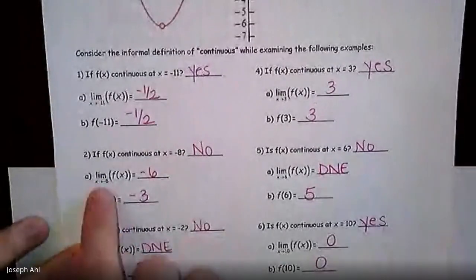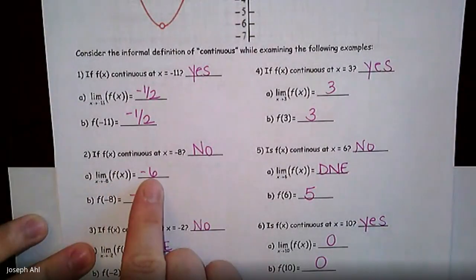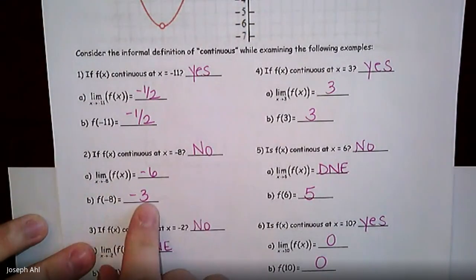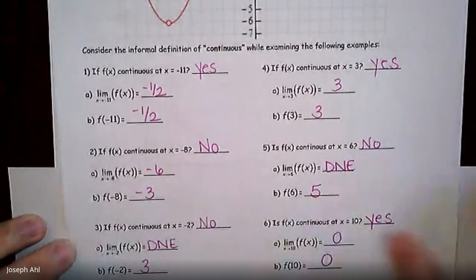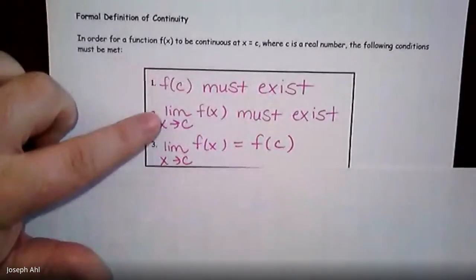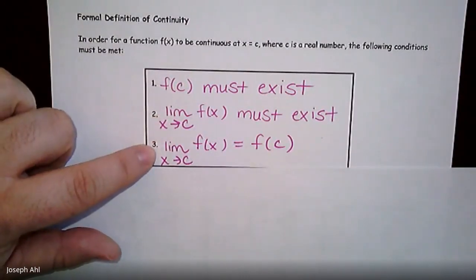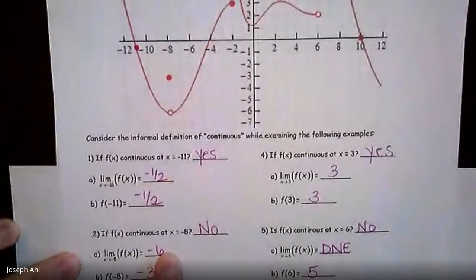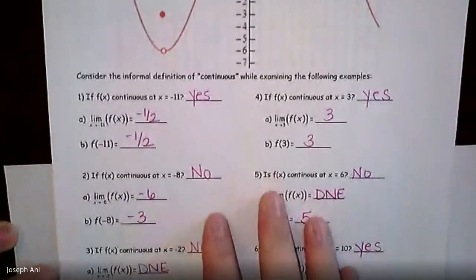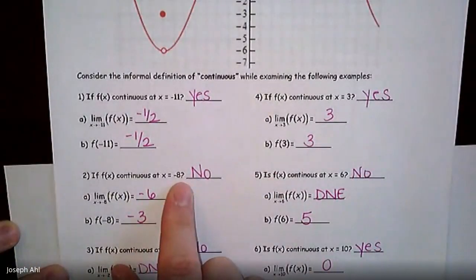If you take a look at number 2 from the front page, the limit as x approaches -8 existed. F of -8 also existed and has a value. So that's already met criteria 1 and 2. But since those things don't wind up matching, they're not both the same value, we say that in general, this graph is discontinuous at x equals -8.